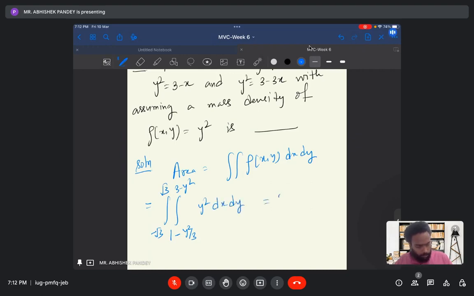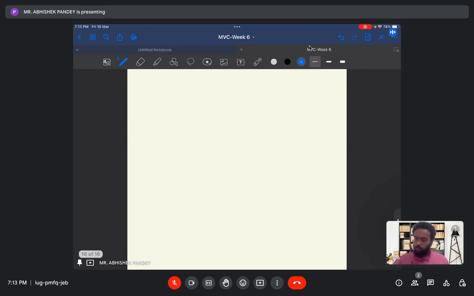Calculating this is easy. You will get 8 root 3 by 5. So the answer is 8 root 3 by 5. Okay. Now the next assignment question is question number 6. Question number 6 is the x coordinate.